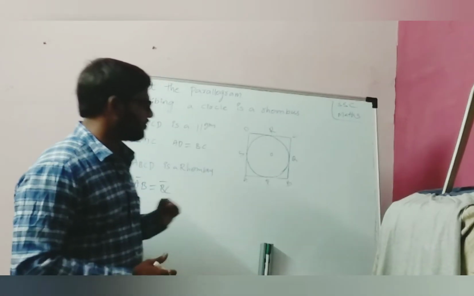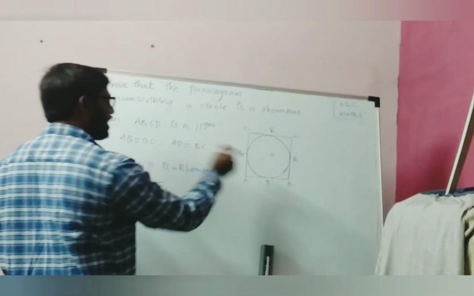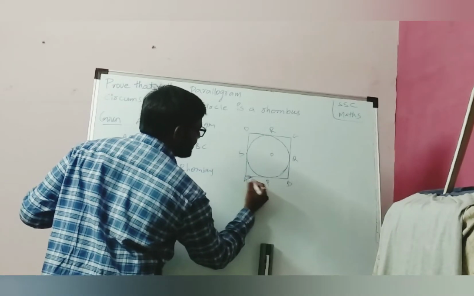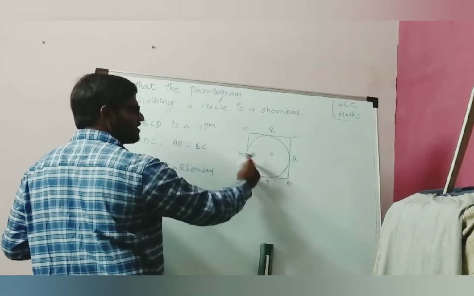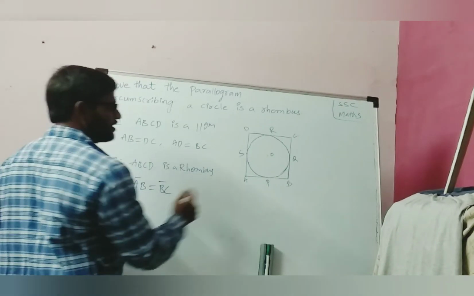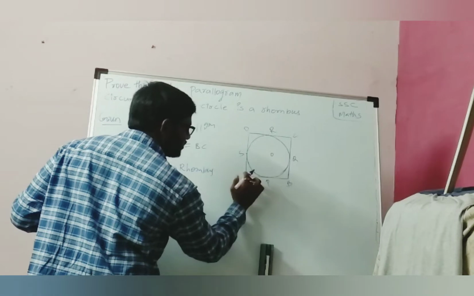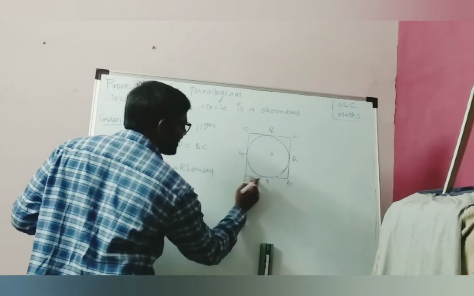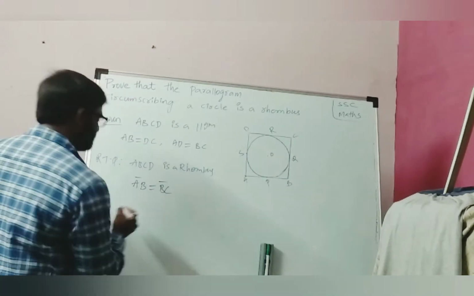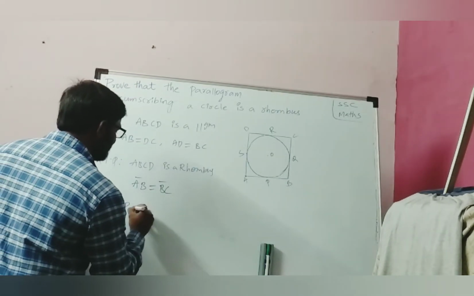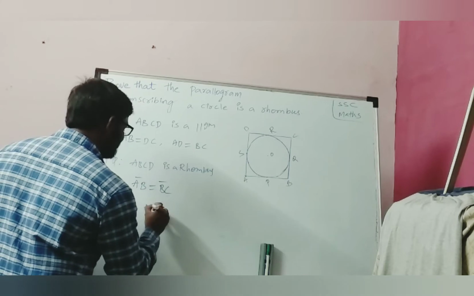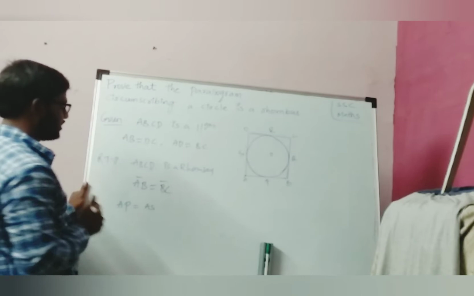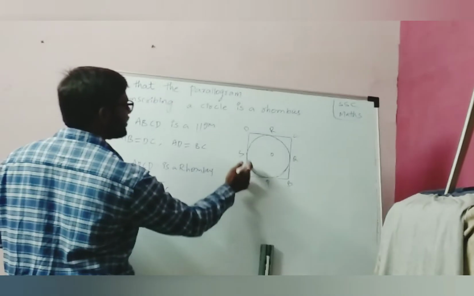Since AB is a tangent and the part AP is also tangent, and AS is also tangent. Since these two tangents are drawn from the external point A, from theorem 9.2, AP is equal to AS.